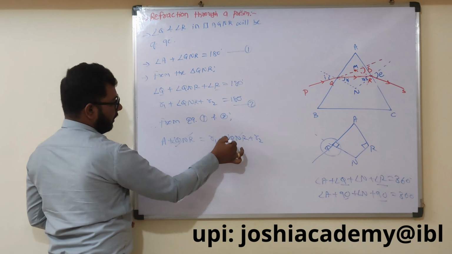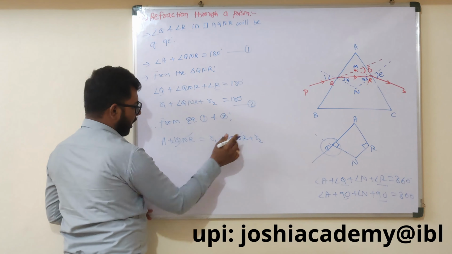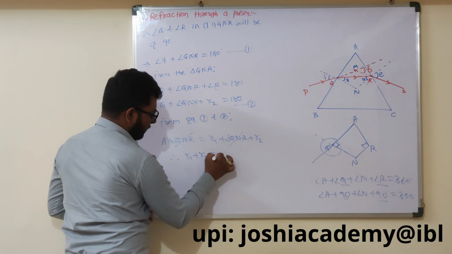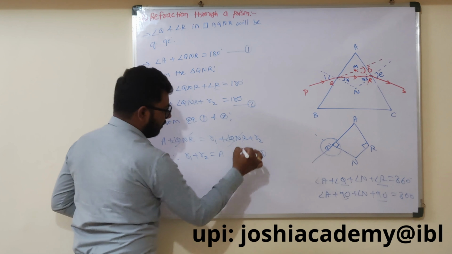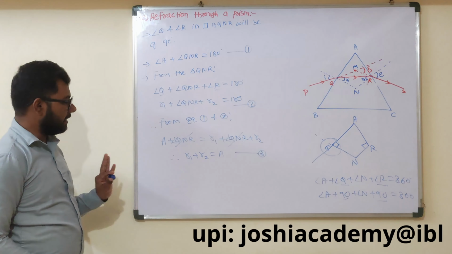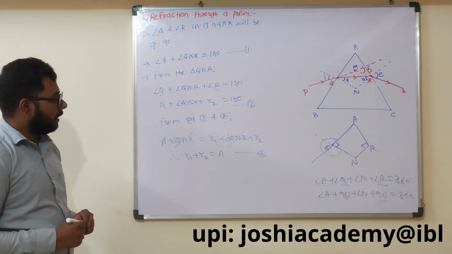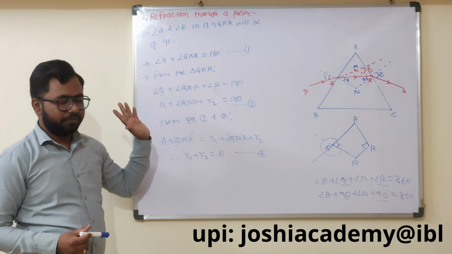So this angle QNR will get cancelled, and ultimately we will have A is equal to r1 plus r2. That means I can also rewrite this as r1 plus r2 is equal to A. Let this be equation number 3. Is it clear, everyone? Now the main part is coming right now.